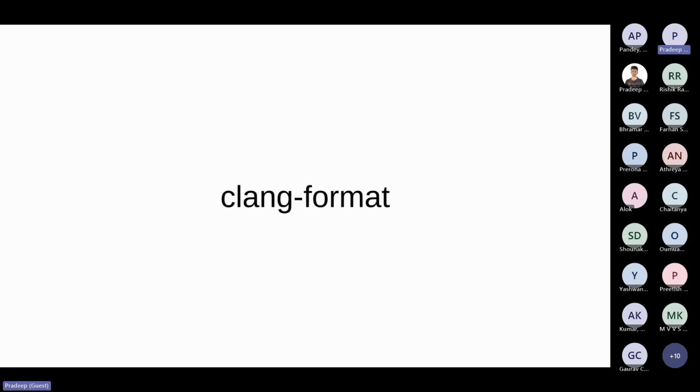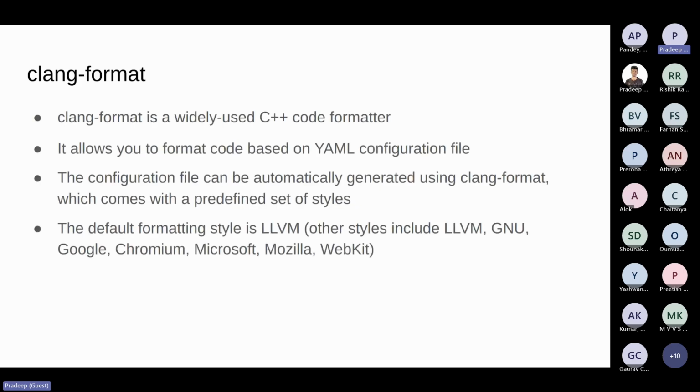Now we'll look at a very basic tool, which is clang-format, and how you can invoke clang-format on your actual source code. clang-format is a widely used C++ formatter that allows you to format code based on a YAML configuration file. You can also invoke the tool from the command line interface without this configuration file. But most projects use that file to have universal formatting.